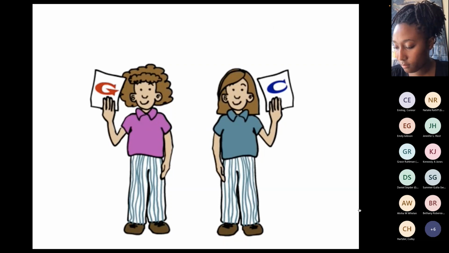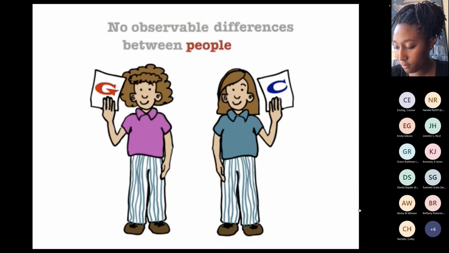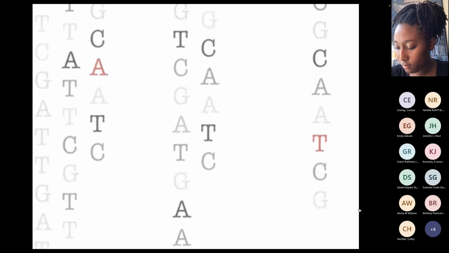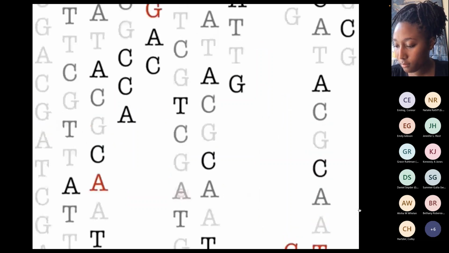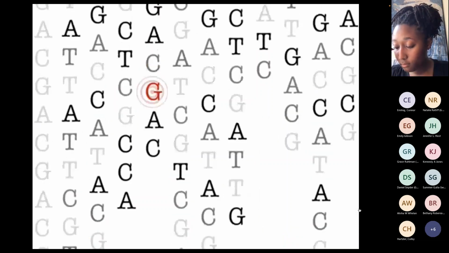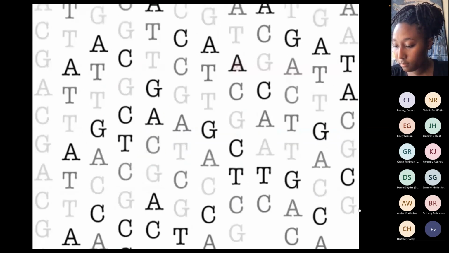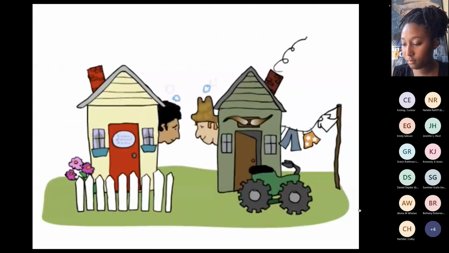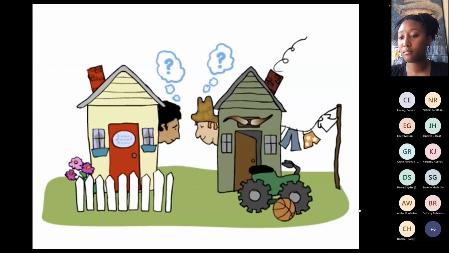Most SNPs, however, seem to lead to no observable differences between people at all. Since variants are passed down from one generation to the next, the number of differences between your DNA and your neighbor's can tell you how closely you are related to each other.